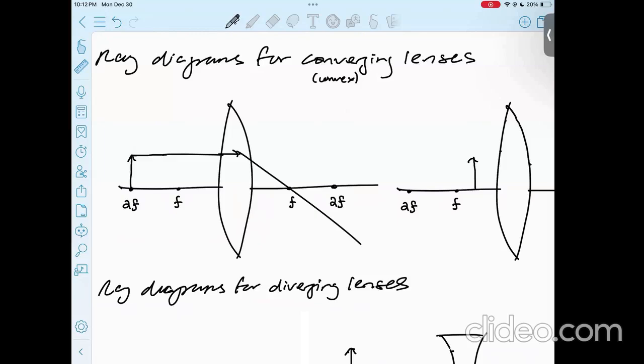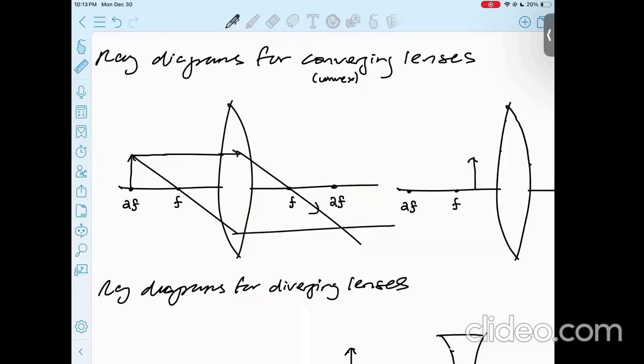Like so. Very good. Okay. Now, what's the next ray we care about? That's the one that comes in through the focal point and comes out parallel. And a lens has two focal points, right? Because it's two surfaces as opposed to the mirror.